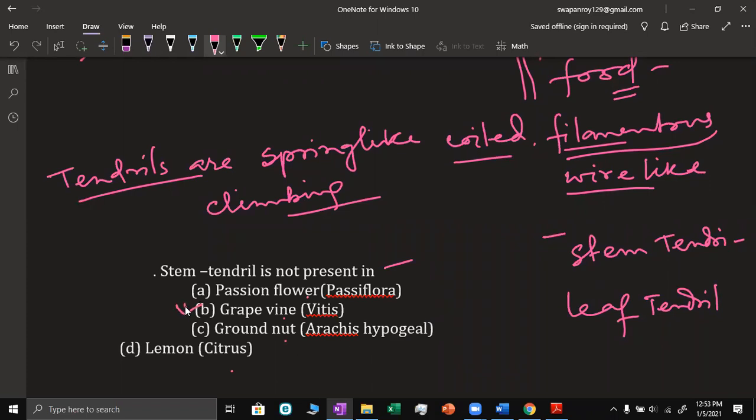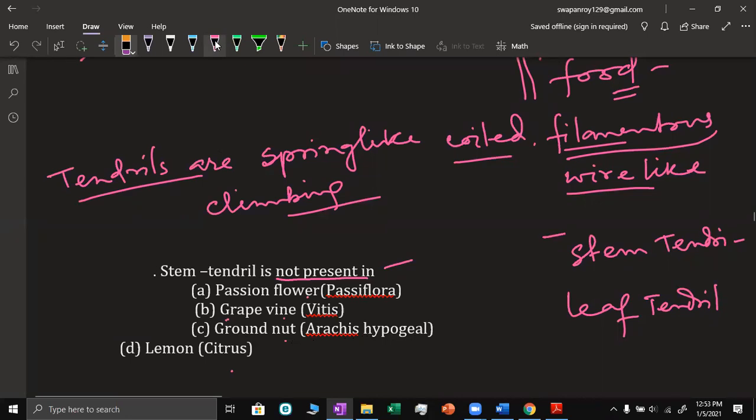Option D, lemon. Yes, sir. Stem tendril is not present in, sorry, not present in lemon, and in arachis, groundnut.